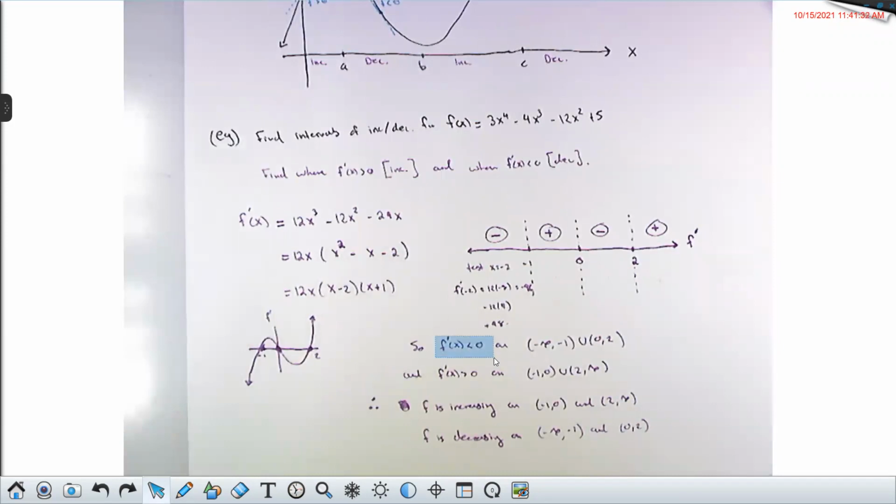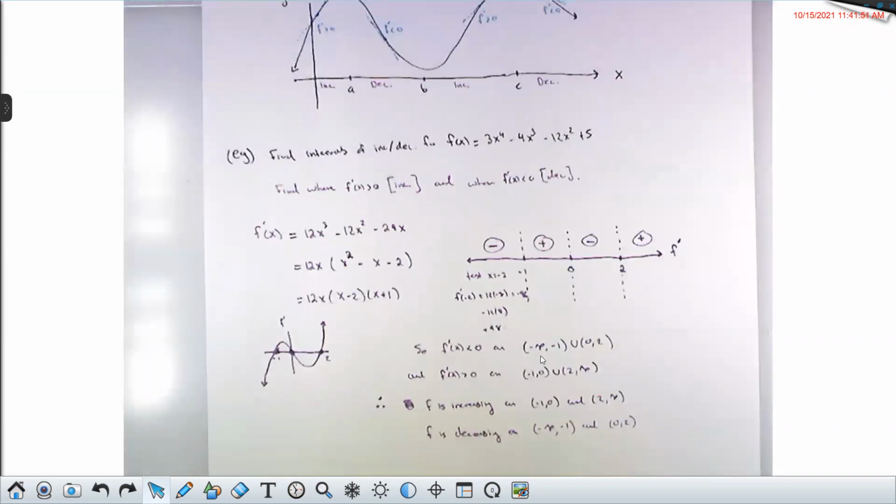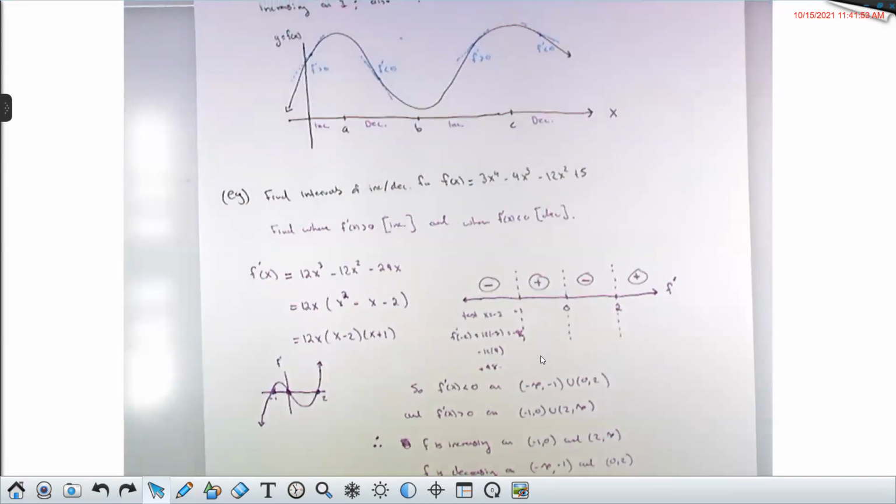When you solve a strict inequality, f prime is strictly less than 0, or f prime is strictly greater than 0 for a continuous function, that answer will always be an open interval. And you may have learned back in your pre-calculus class that intervals of increase and decrease are always given as open intervals of x values. The reason for that is, if you look right here at the place where we switch from being decreasing to increasing, or right here where we switch from increasing to decreasing, I wouldn't want to say that f is increasing here.